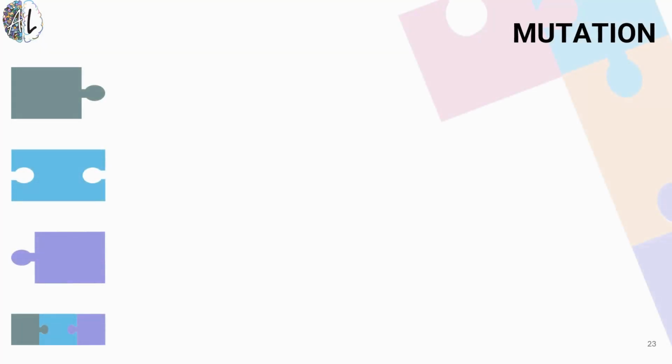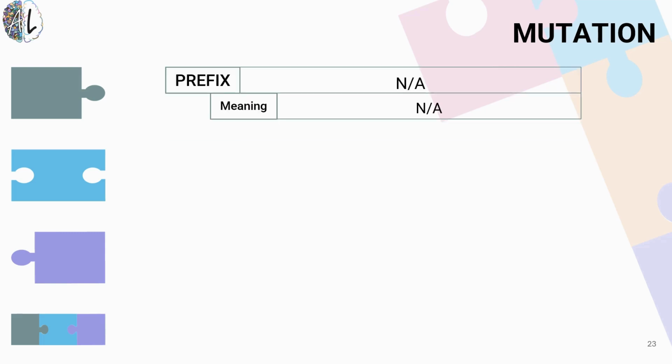All right, first up is the word mutation. Mutation. See if you can do this on your own before we do this together, and do this as a check for yourself. So hit pause where you need to. All right, in the term mutation, we do not have a prefix.